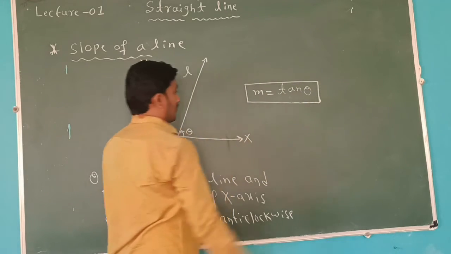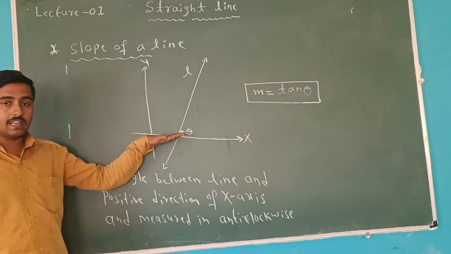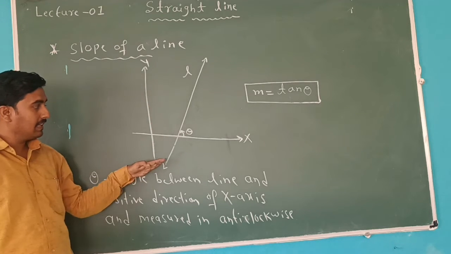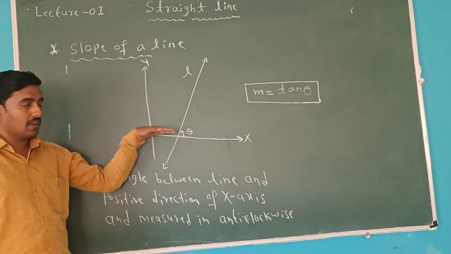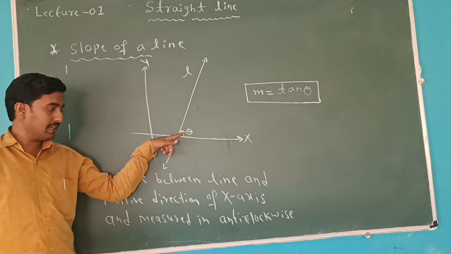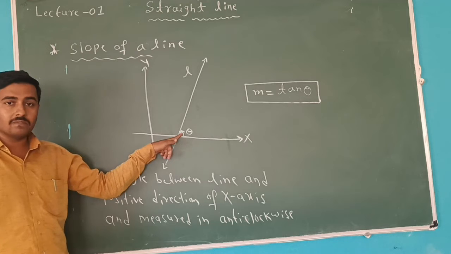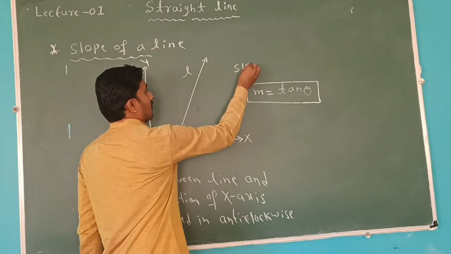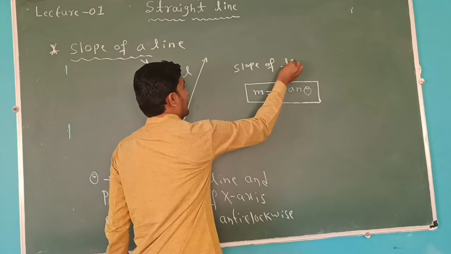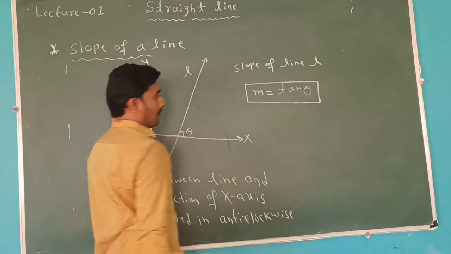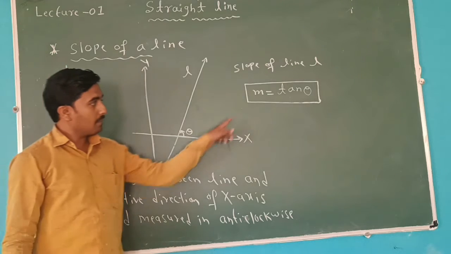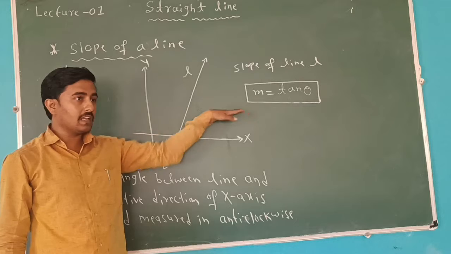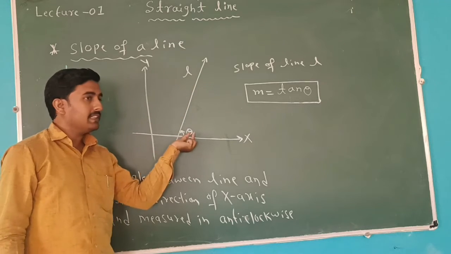Suppose theta is any angle, also called the inclination of the line with the positive direction of the x-axis, measured anti-clockwise. Then the slope of line L is given by m equal to tan theta. So this is the formula to find the slope of a line when theta is given.